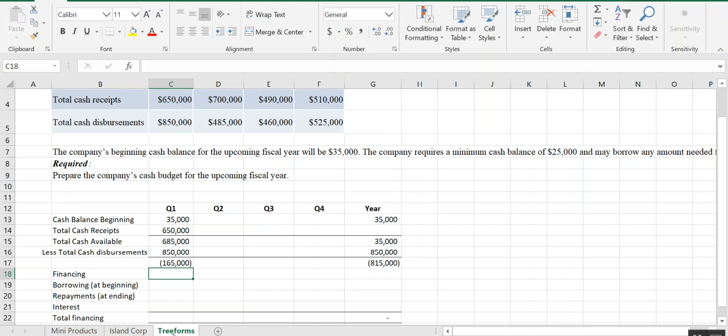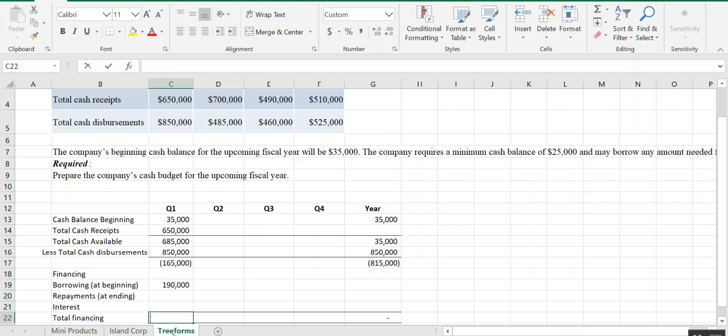We need to borrow at this point. So we look at this and we say we need $25,000 cash at the end. We have a $165,000 deficit here. We add those two together and we get $190,000 that we need to borrow.